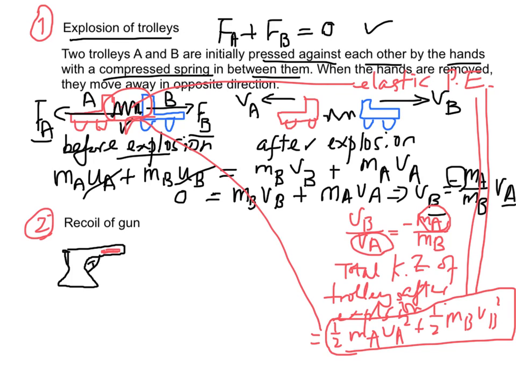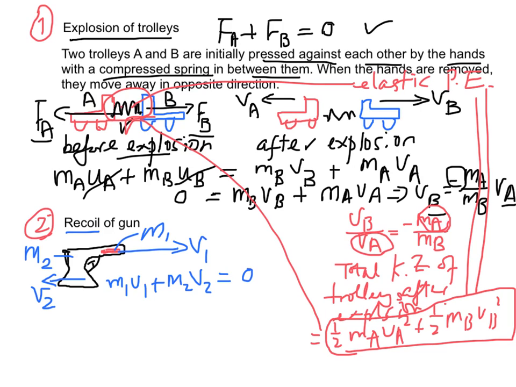Similarly, in the recoil of a gun, 後褪, recoil means 後褪. When the bullet of mass m1 is fired with a velocity v1, the gun of mass m2 will travel backward, recoil with a speed. The recoil speed is v2. Similarly to the explosion of trolleys, we have m1 v1 plus m2 v2 equal to 0.